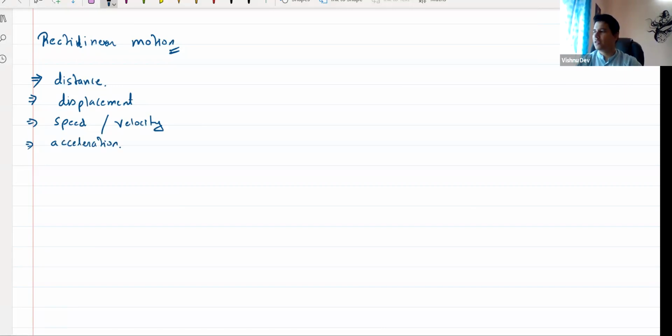Yes or no? These are the topics that we have studied since childhood in rectilinear motion. So if I'm talking about rotational motion, don't you think there should be terms similar or analogous to these terms?